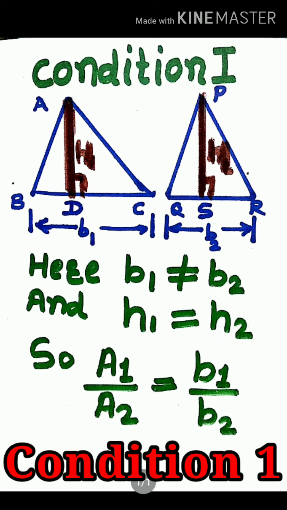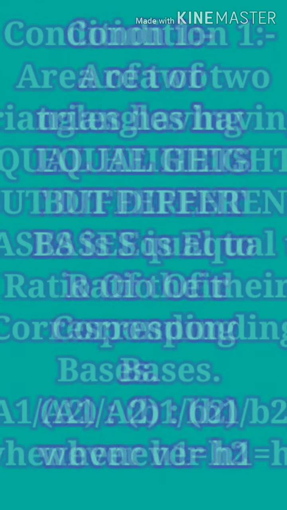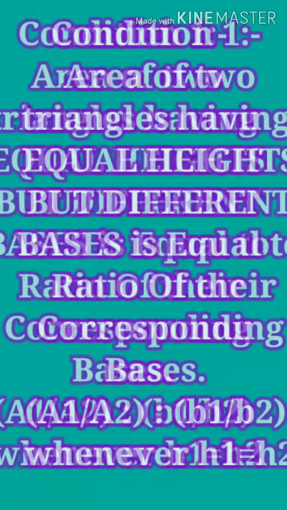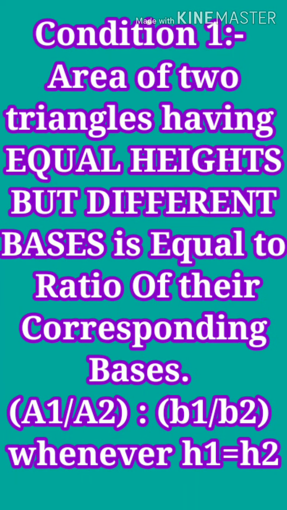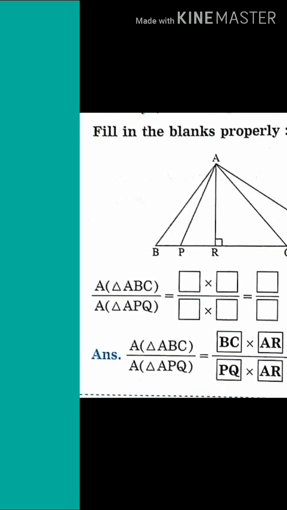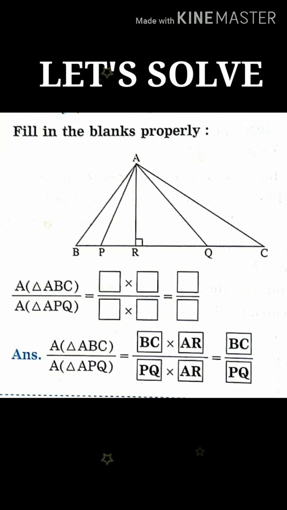For such a condition, a1 upon a2 is equal to b1 upon b2. So our condition is that the ratio of areas of two triangles having equal heights but different bases is equal to the ratio of their corresponding bases. Let's solve some examples.